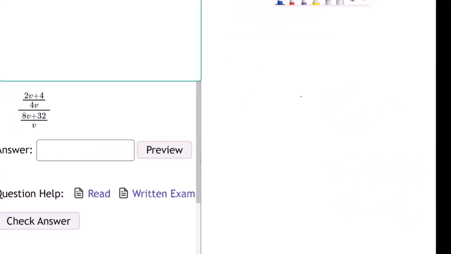Okay, we have 2v plus 4 divided by 4v. Keep, change, flip. I'm going to factor as much as I can. In the numerator, I have 2 times v plus 2.